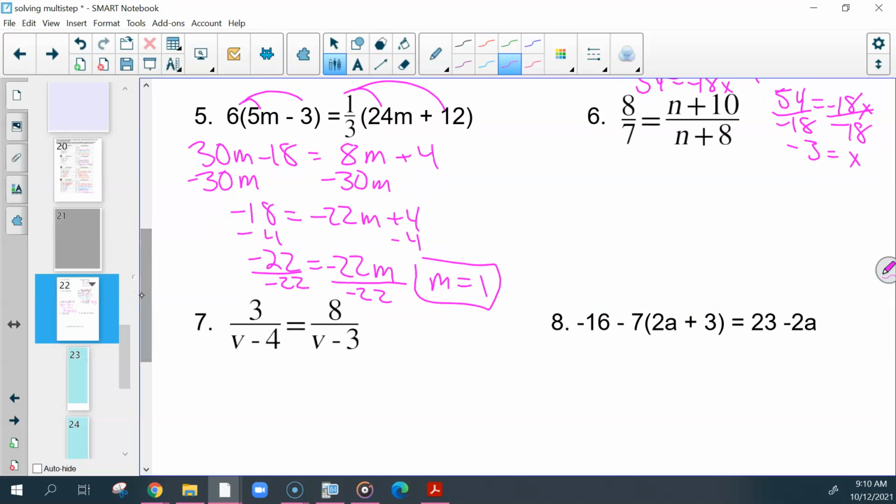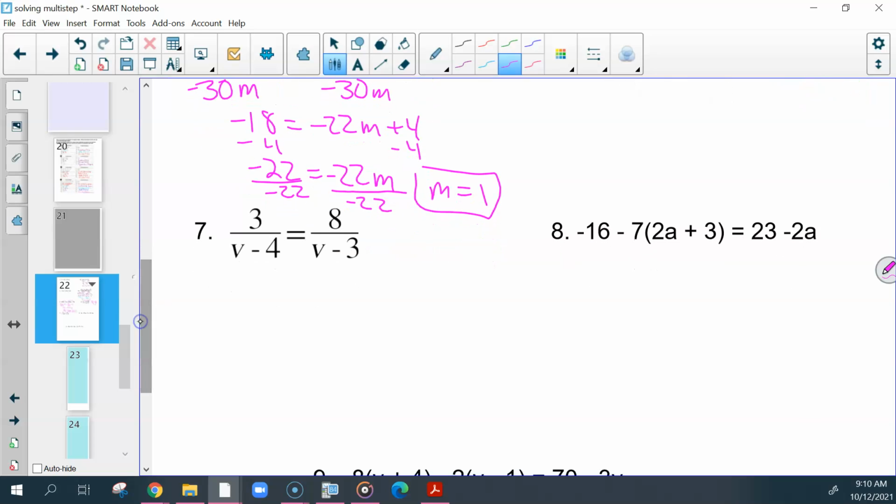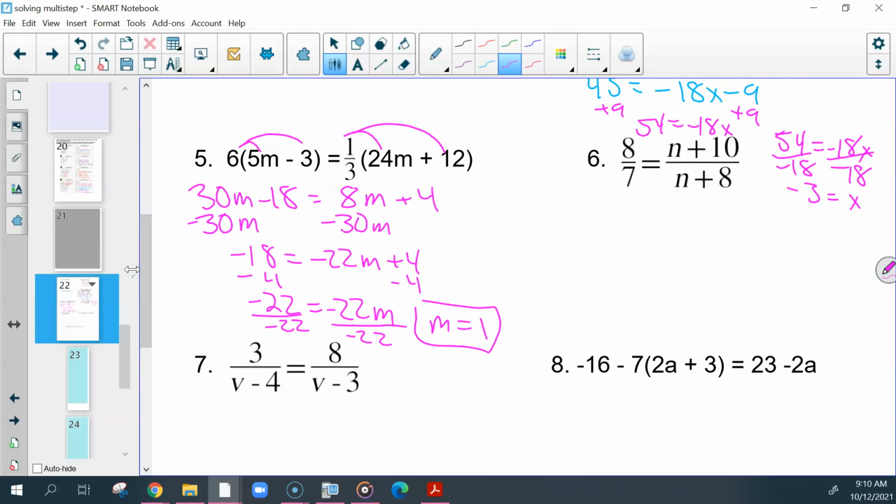Do we want to do 6 or 7 together? 7. Both of these are solved the exact same way. We have a fraction equals another fraction, so we're going to do what to this? Cross multiply. Same thing for this one. We have a fraction equals another fraction, so still cross multiply.